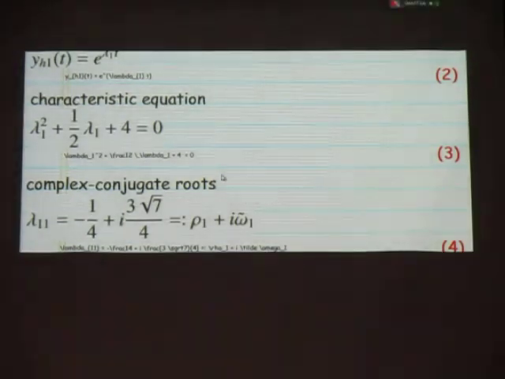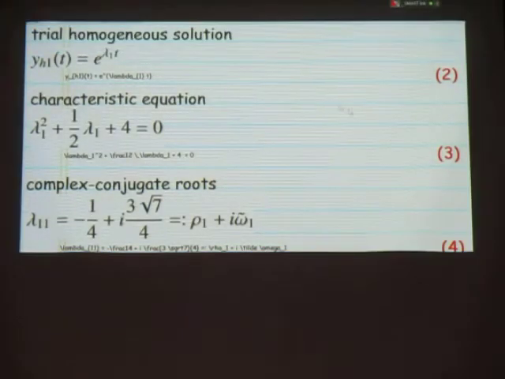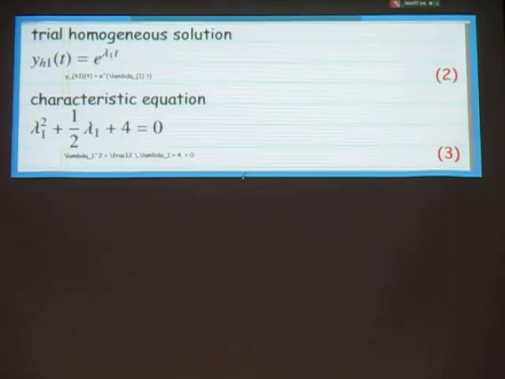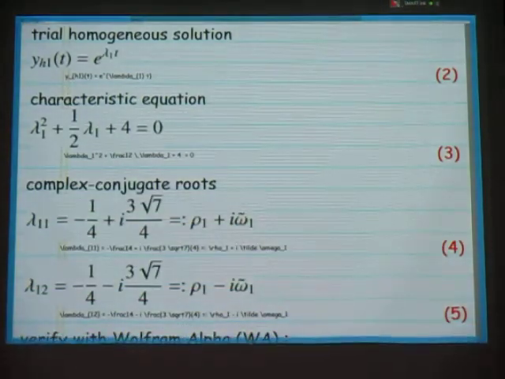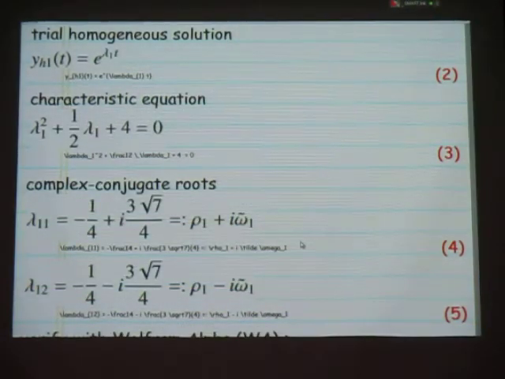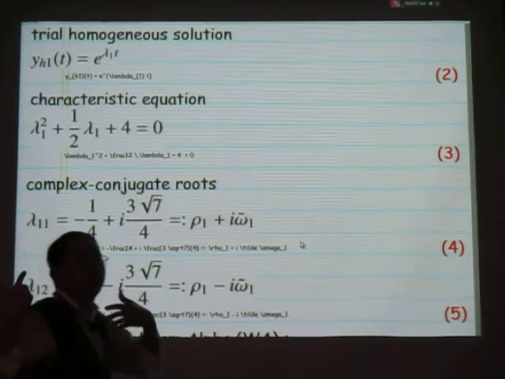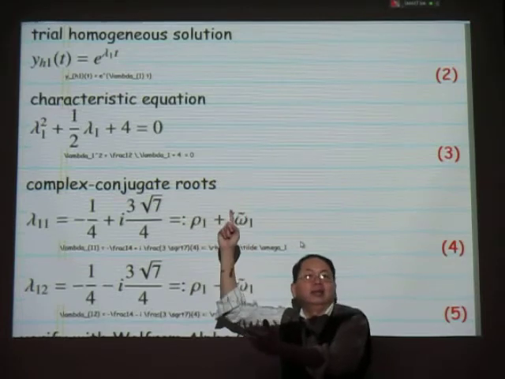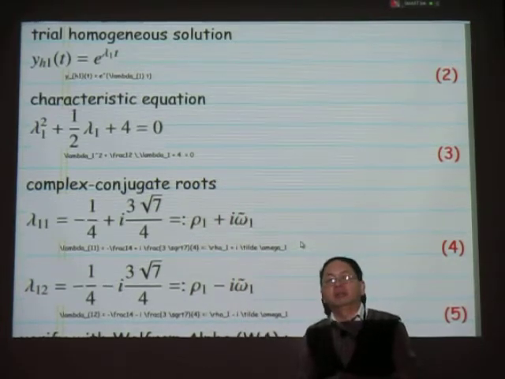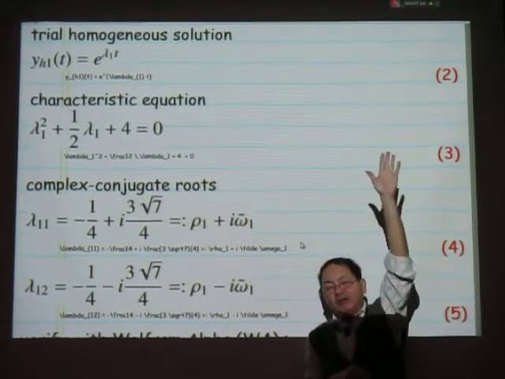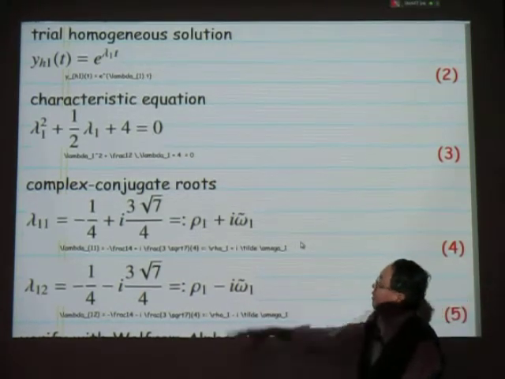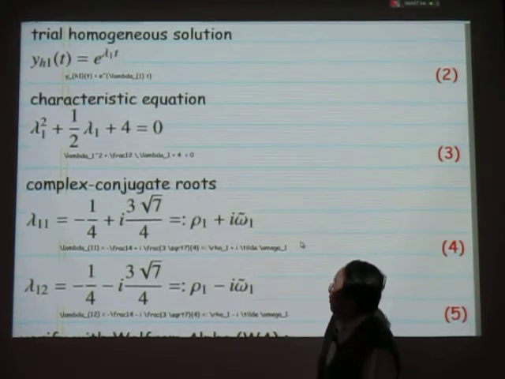So once you replace the trial solution into the homogeneous differential equation and solve for the characteristic equation and obtain the roots, right? The roots here are complex conjugate roots, and like I said, I chose the roots ahead of time and work backward to the at the very top, the original coefficients with all the square roots, okay, because I chose the problem.